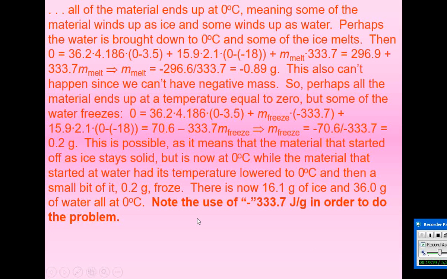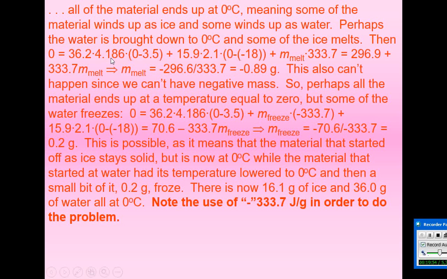Maybe our guess is that all of this winds up at 0 degrees Celsius with some amount as ice and some amount as water. So perhaps the water is brought down to 0 degrees Celsius, and perhaps some of the ice melts. Let's look at the numbers. So again, the heat for the system is 0. Now, if all of the water is brought down to the freezing point of ice, we have 36.2 grams of water.